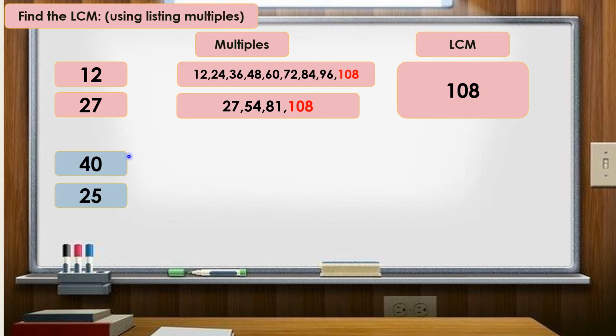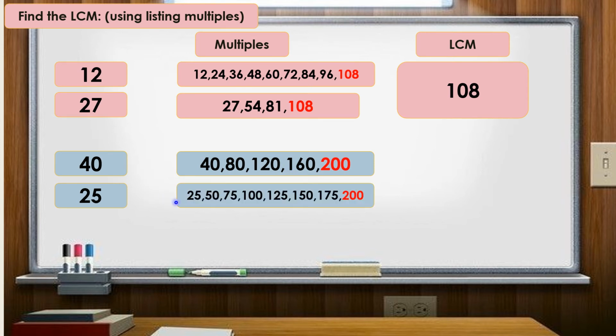Okay. Next example for least common multiple using listing multiples. We have 40 and 25. First, get the multiples of 40: 40, 80, 120, 160, and 200. Then 25: 25, 50, 75, 100, 125, 150, 175, and 200.